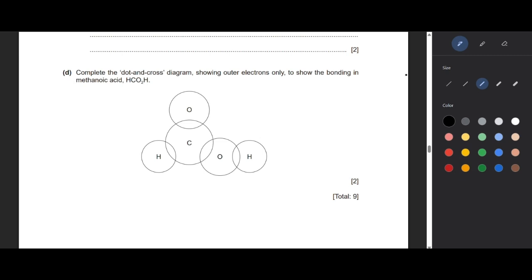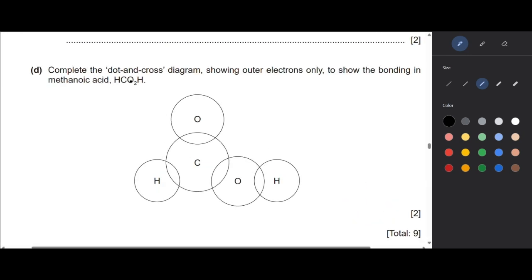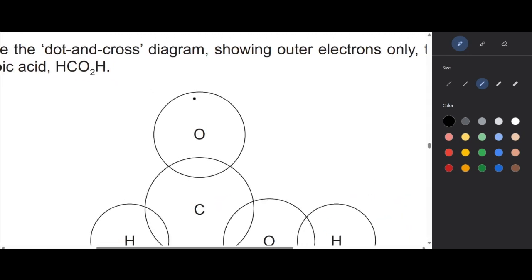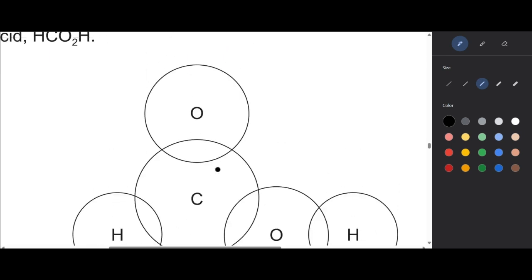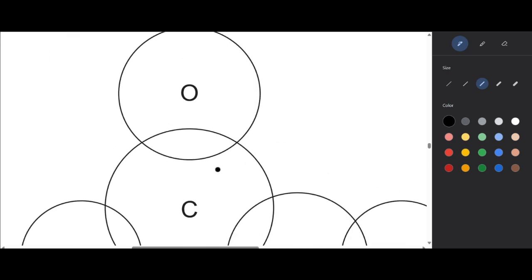Okay, so the next question: complete the dot-and-cross diagram, showing outer electrons only, to show the bonding in methanoic acid, HCO2H. So here we also have to draw, right?